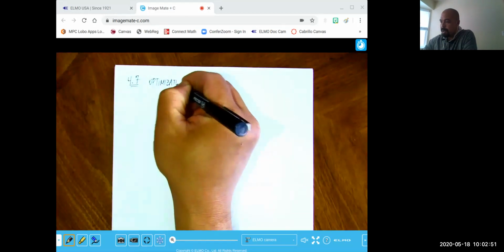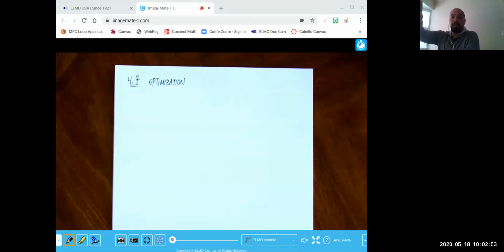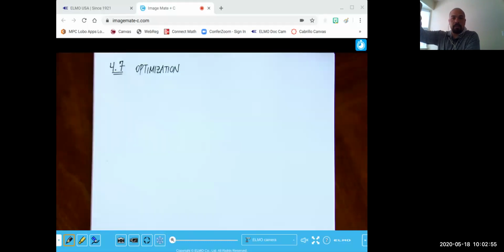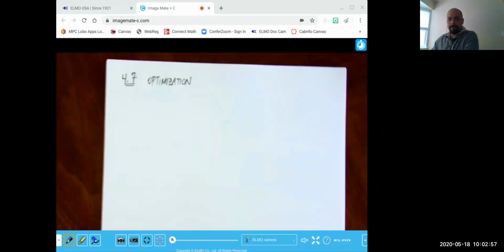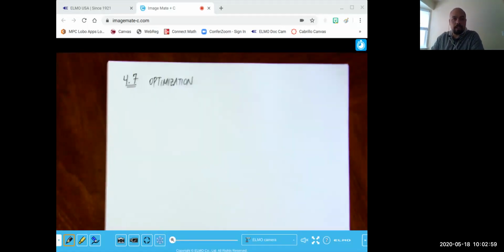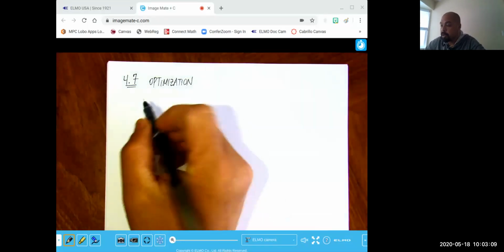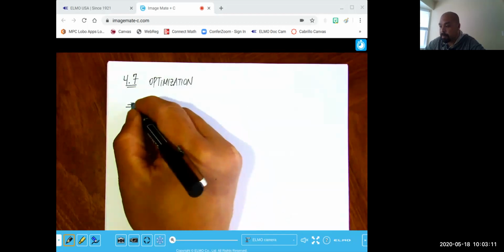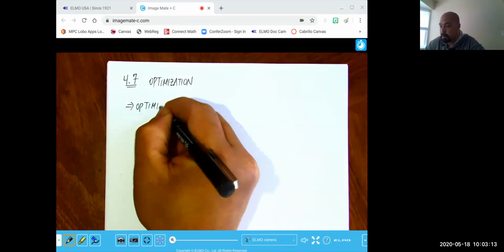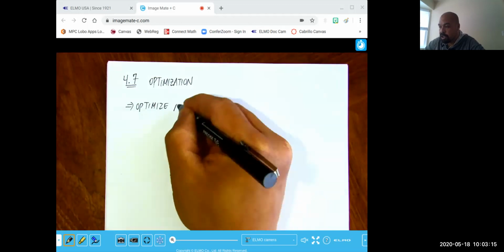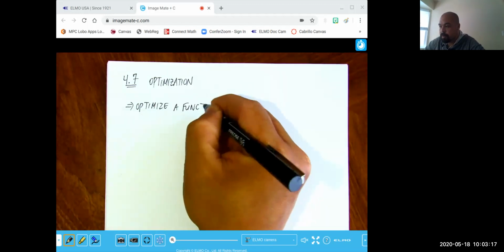Okay, and so for our optimization, here's our word problem section of this chapter. Okay, our optimization, our applications of the derivative, right? And so exactly when we're optimizing, we want to optimize a function and equation, right?